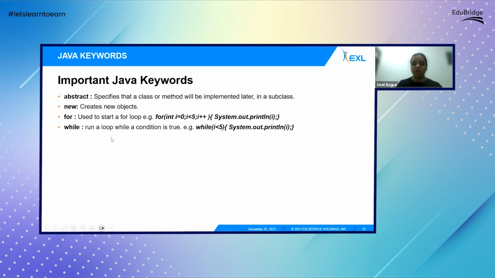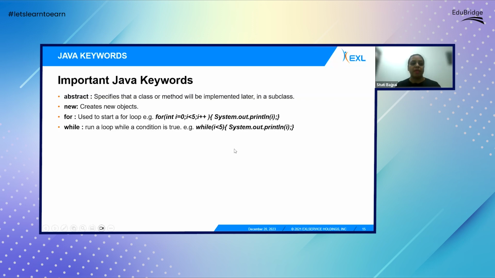The same is done using the while. We run a loop only, but what while does is check if a certain condition is true. So while i is less than 5, suppose I provided a value of i equals 2 in my method. It will keep comparing it with 5, and I increment it here till the time it is 5.